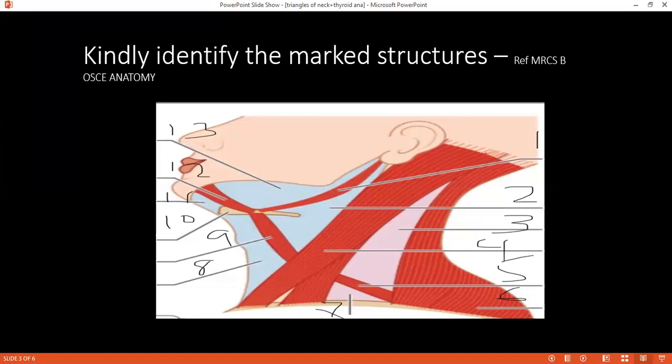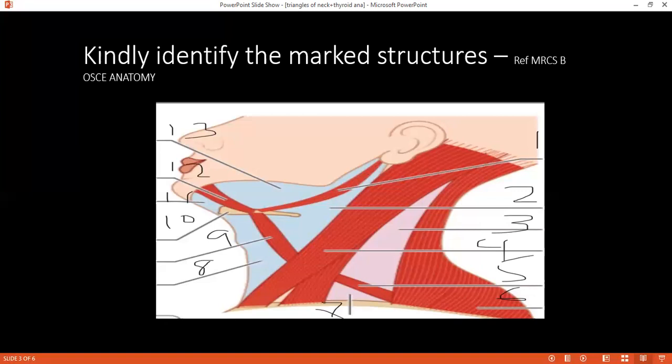The submandibular triangle is formed medially by the anterior belly of the digastric, posterolaterally by the posterior belly of the digastric, and on the lateral aspect by the mandible.